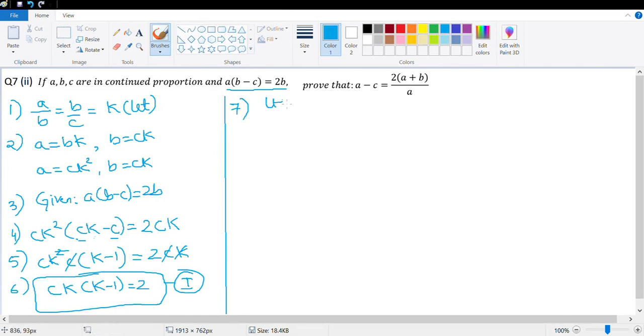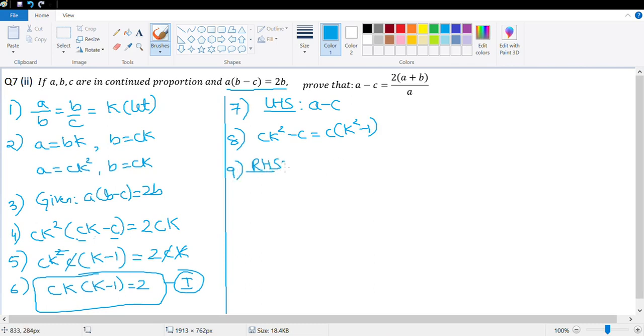So let's start working with the left hand side. Left hand side is A minus C. Let's substitute values. A is equal to CK square, C is C, which means this is equal to C times K square minus 1. Right, that's the value of left hand side, C times K square minus 1. Now let's work with the right hand side.